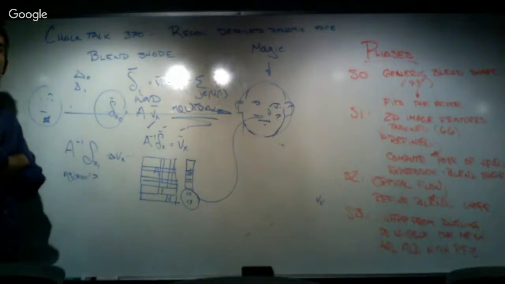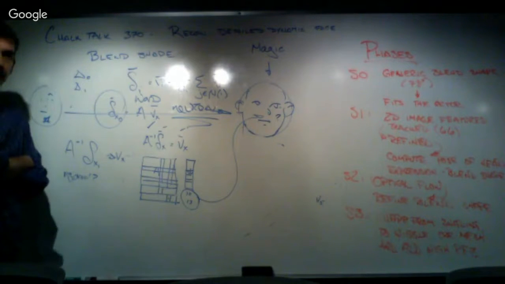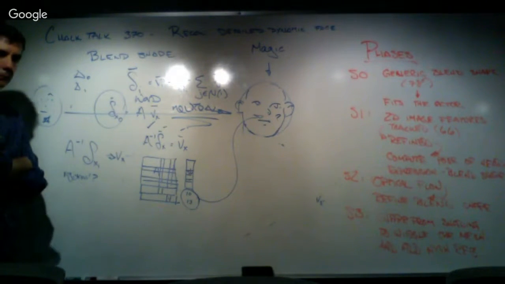So you just recompute the deltas, figuring out constraint positions by adding the blend shape delta onto the warped mesh, and then resolve the optimization.